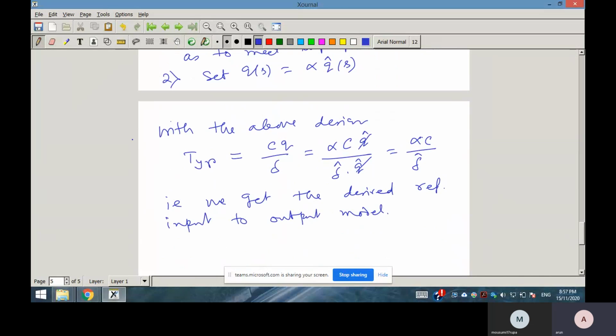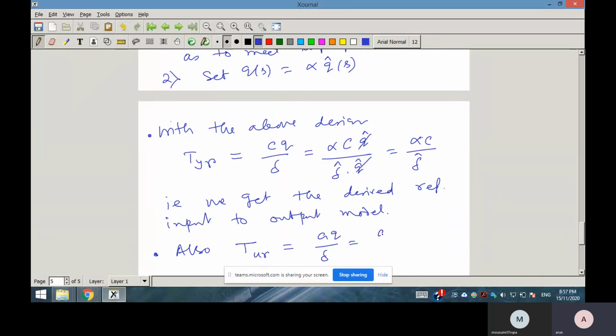So this is one thing. The second thing is that with the above design you can also see what is your TUR, that means the R to U transfer function. It will be AQ by delta.